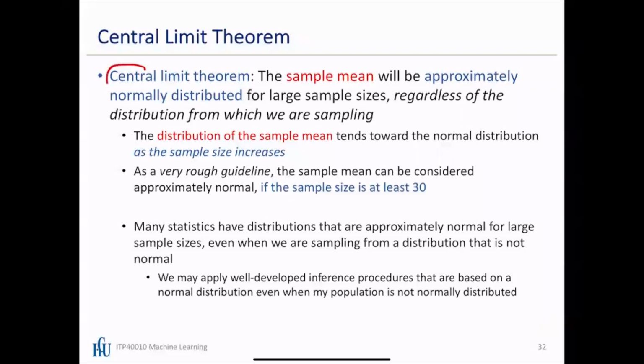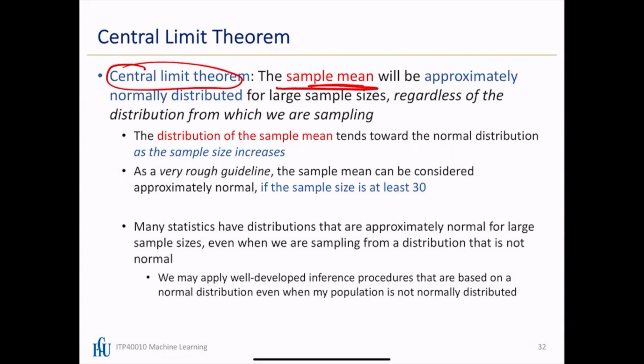So this theorem over here, the central limit theorem, explains the reason why lots of different events can be seen as a Gaussian distribution. The central limit theorem states that the sample mean will be approximately normally distributed.